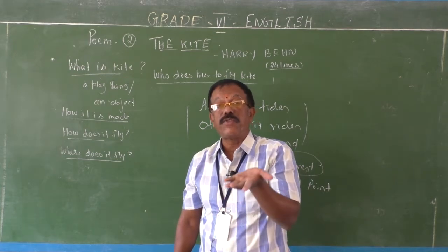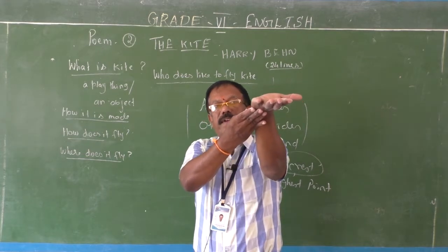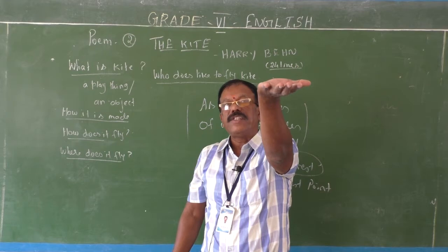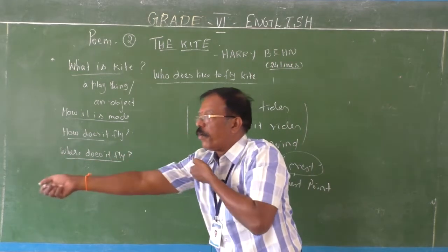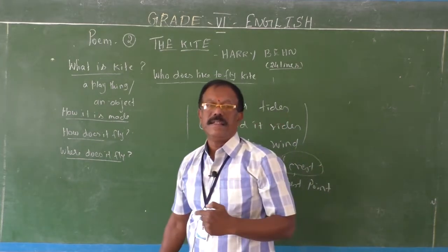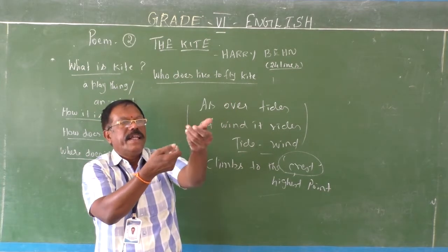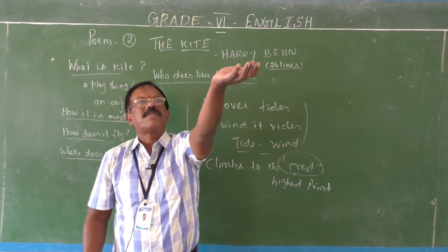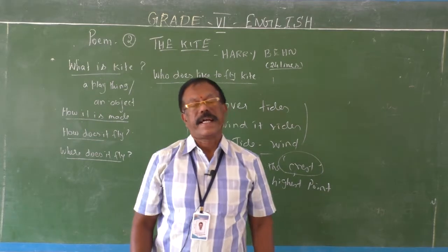When the kite starts to rise high and high, slowly it pulls the string from its coil. When the person handling the kite slowly releases the string, then it slowly starts to rise up and up. This is the upward movement of the kite.